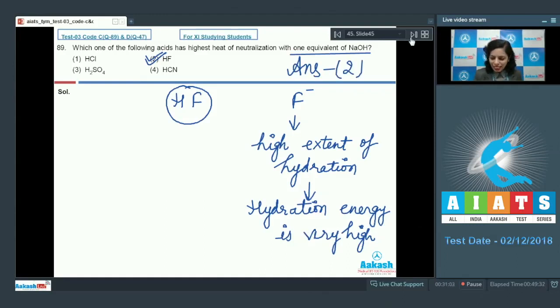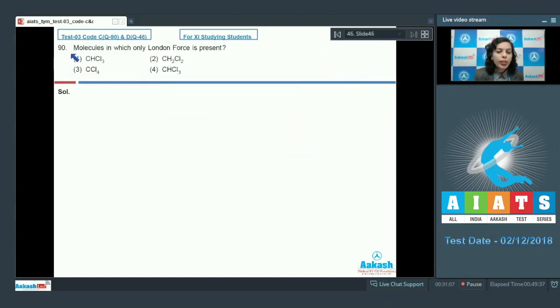And after this, let's take the last question. Question number 90. Molecules in which only London force is present. So if we talk about the non-polar molecule, non-polar molecule always have only London forces.